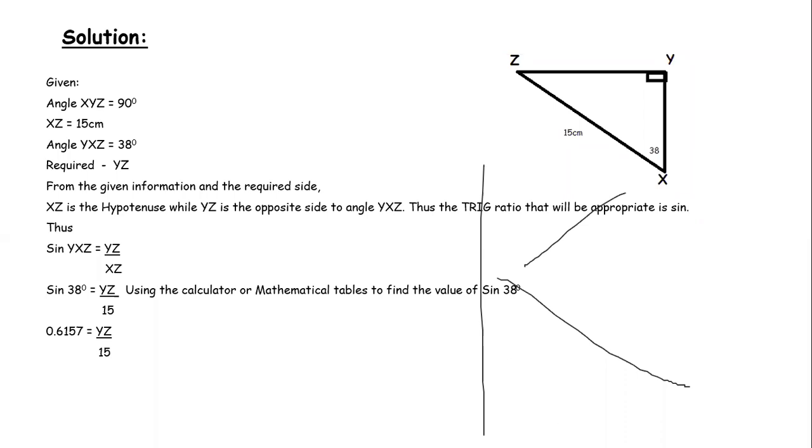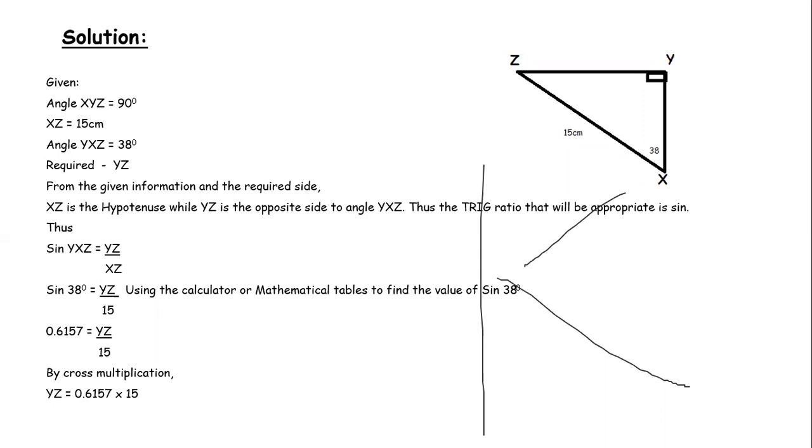So if we cross multiply, we will have our YZ, which is what we want to find, equal to 0.6157 multiplied by 15.